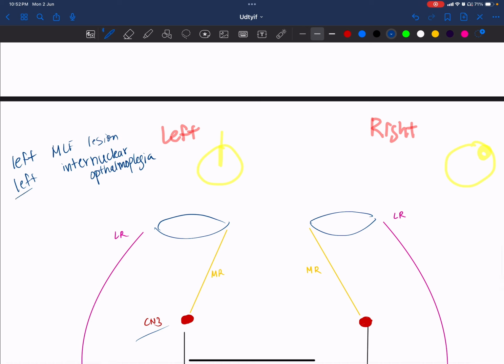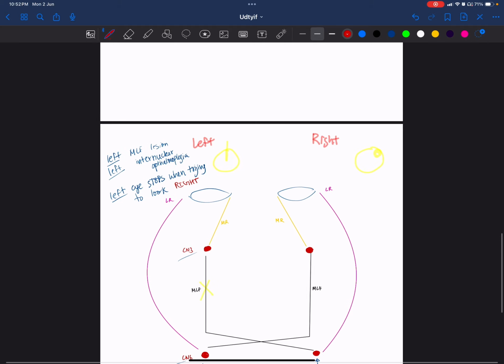Where, what? Wait, the left eye stops when trying to look in which direction? Right.